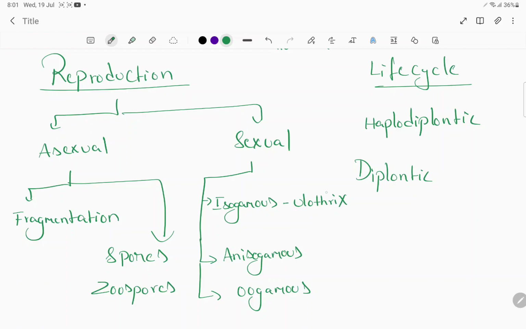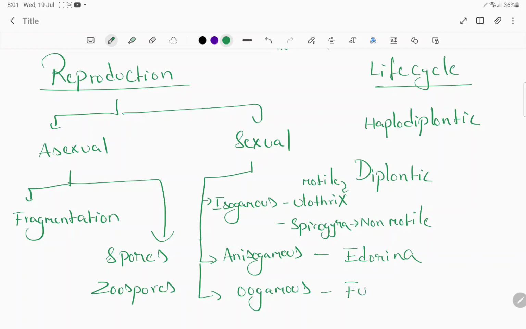So Ulothrix is motile. And Spirogyra is non-motile. And anisogamous, Eudorina.